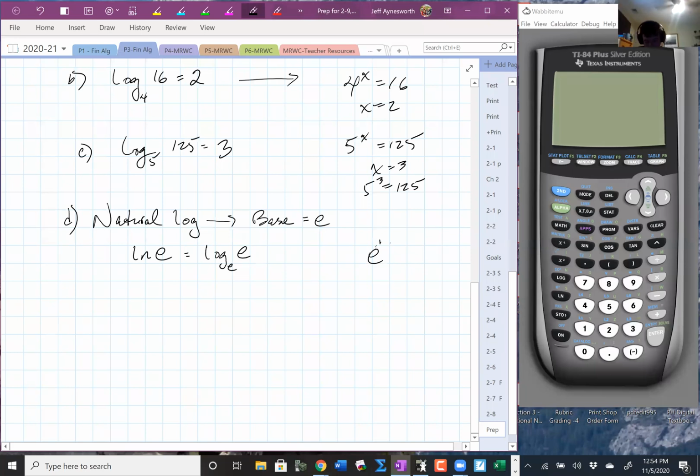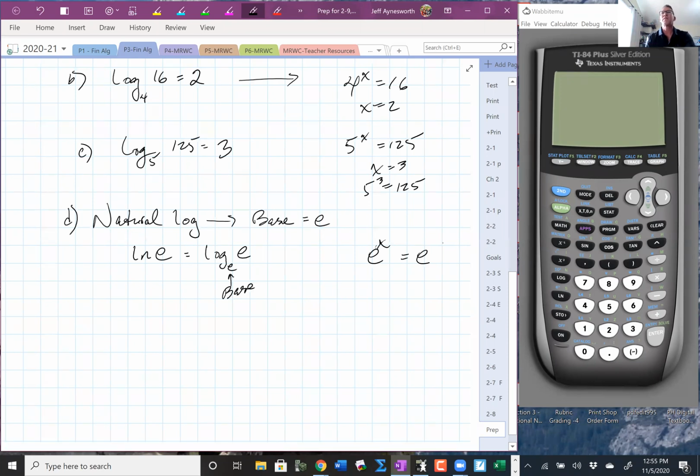Okay, so you start off with the base. It's base E, and you always ask yourself the base, which is E, to what power x? You know, x is some power that gives you E. And you guys, what's the exponent on any number when you don't see an exponent?